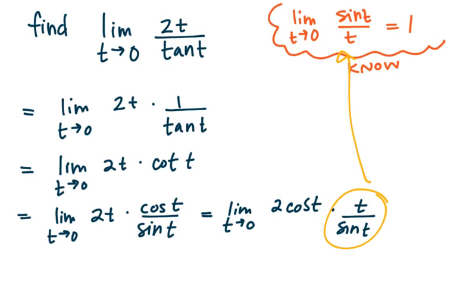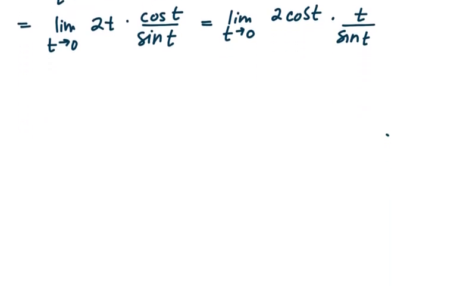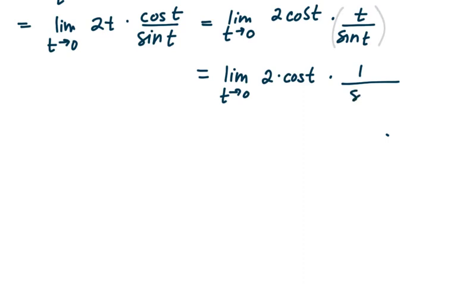Good thing is that I know division by a fraction is multiplication by the reciprocal, right? We have that reciprocal relationship here. So this next line, I can say, well, this is the limit as t approaches 0 of 2 times the cosine of t times 1 over, and so I'm going to take the reciprocal of that, which is going to be sine t over t. You see that showing up now in the denominator, and I flipped it.